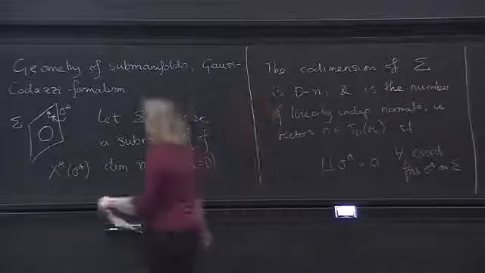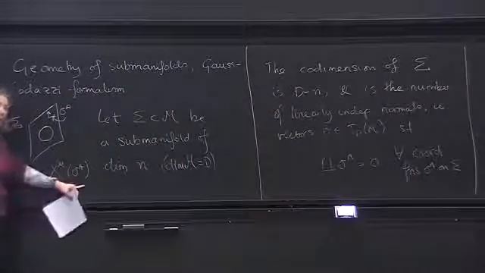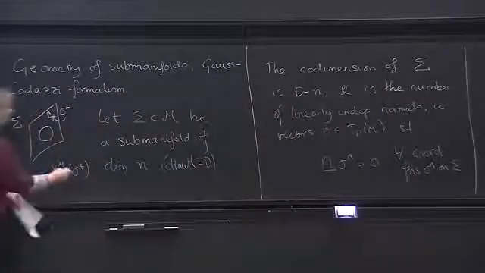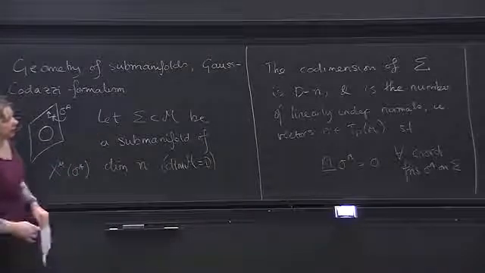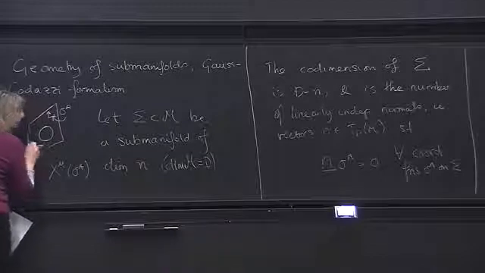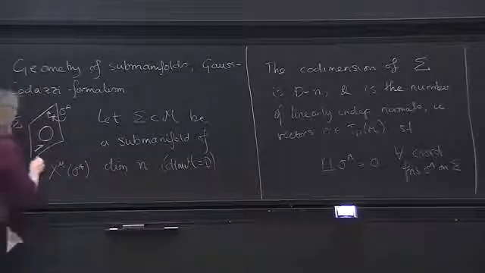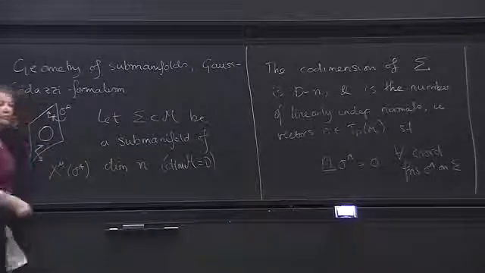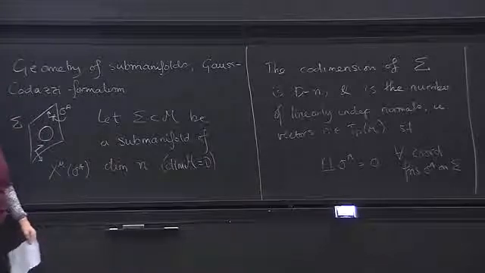So here, if sigma is defined locally in a coordinate patch, then dx mu by d sigma a, you can visualize that as being tangent to sigma, and so n you visualize as being normal to sigma.